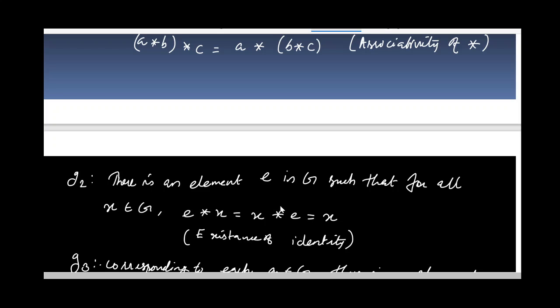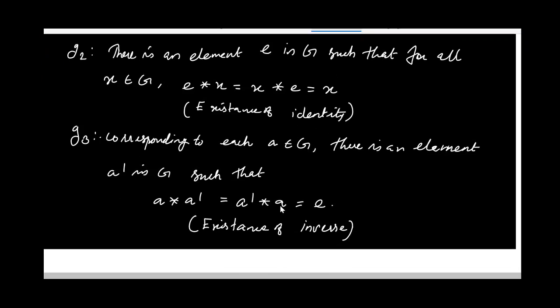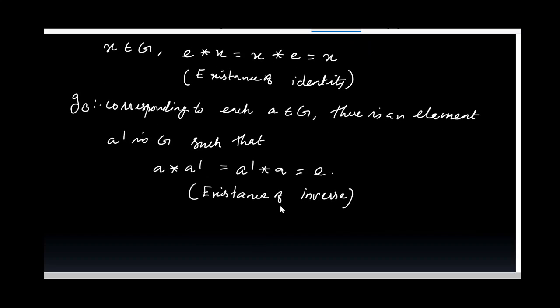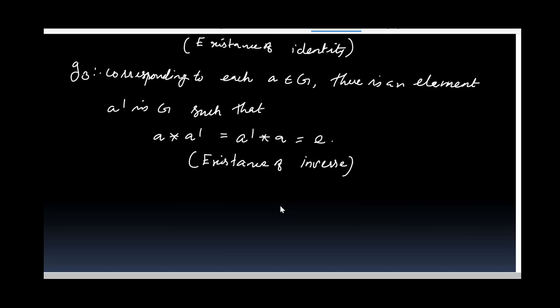G2, there is an element called the identity element: there is an element E in G such that for all x belonging to G, E star x equals x star E equals x. And G3, corresponding to each A belonging to G, there is an element A dash in G such that A star A dash equals A dash star A equals E. That is the existence of inverse.